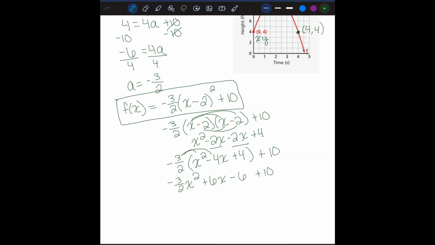And then we still have this plus 10. So negative 3 halves x squared plus 6x, and then a negative 6 and a positive 10 make positive 4. Put your function notation in front, and that would be the standard form of your equation.